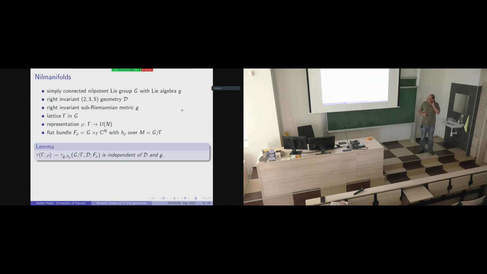And the first thing you observe in this situation is that the analytic torsion does not depend on the right invariant sub-Riemannian metric, and it does not depend on the right invariant 235 geometry we are using. The reason for this is that any two right invariant sub-Riemannian metrics can be connected by a straight arc of right invariant sub-Riemannian metrics.